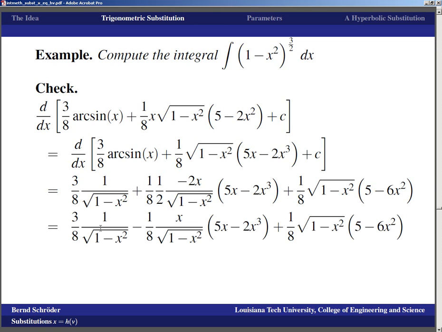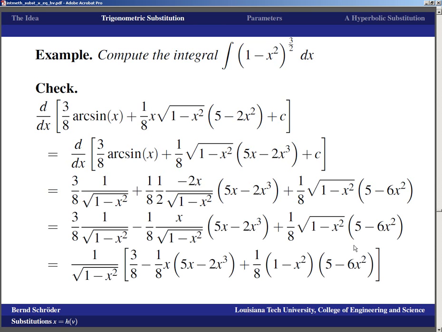The first step is actually just a very quick simplification. We keep the first term, we just cancel the 2's here and put a minus sign around here, and everything else is copied. Now we factor out a 1 over the square root of 1 minus x squared, because that's bugging us, right? We don't want to have all those denominators. Well, we keep a 3/8 from the first. We keep a minus 1/8 x times 5x minus 2x cubed from the second.